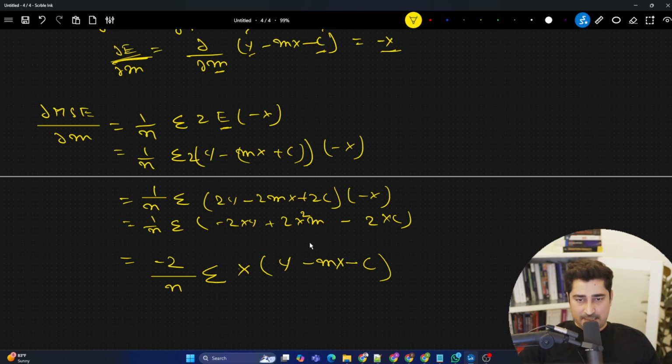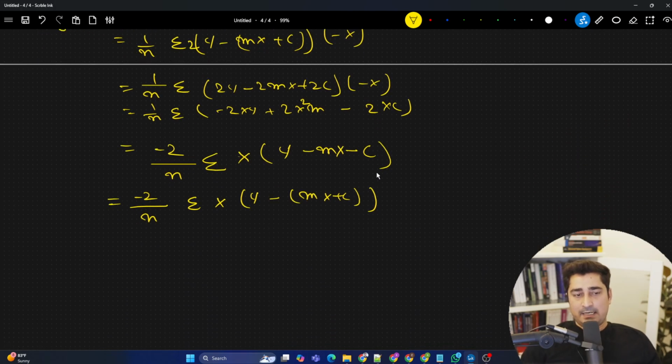So now if I have to rewrite this equation, x y minus mx plus c, I can write in this way. So ideally it's going to be minus 2 by n summation of x into y minus, this is basically a y hat.